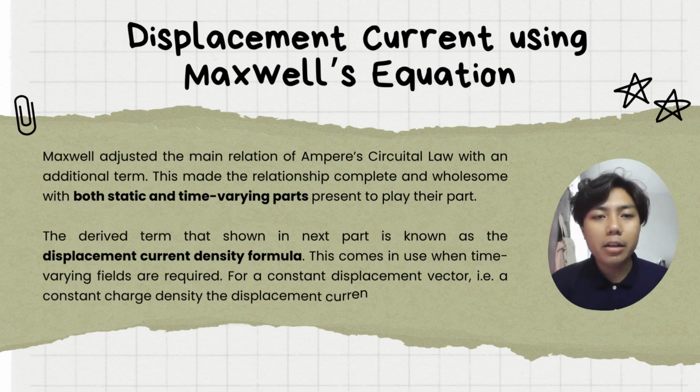This made the relationship complete and wholesome, with both static and time-varying parts present to play their part. The derived term that's shown in the next part is known as the displacement current density formula. This comes in use when time-varying fields are required, such as a constant displacement vector.